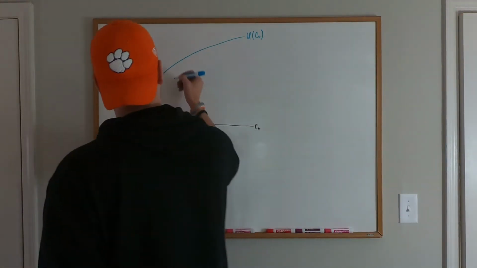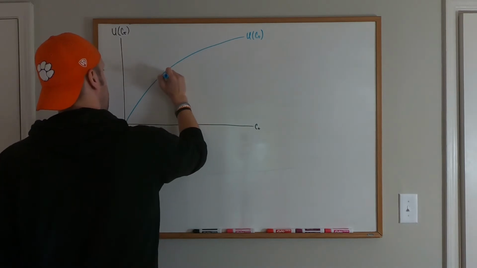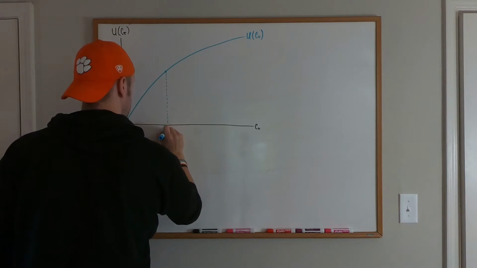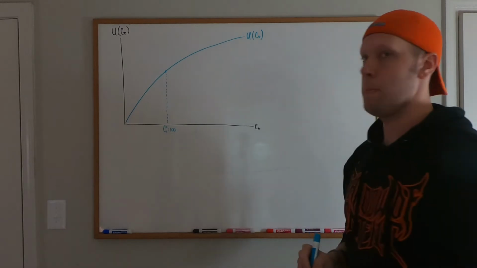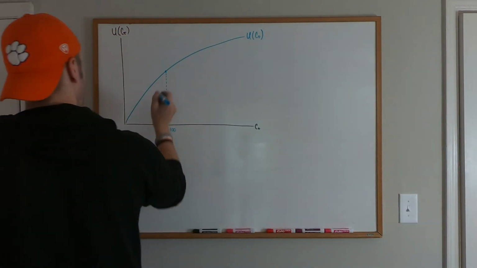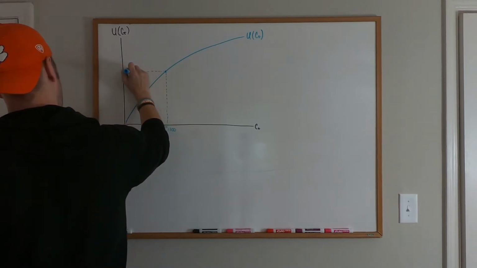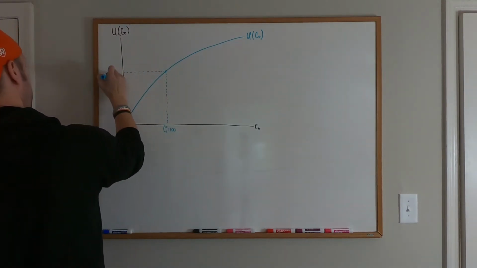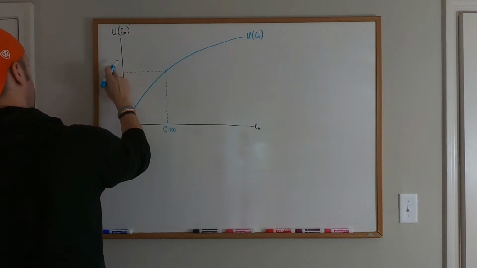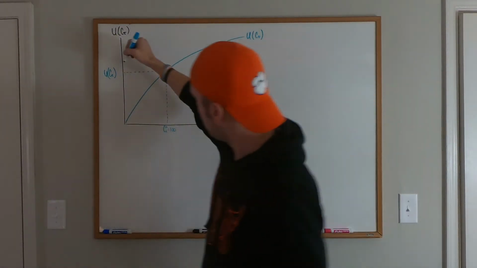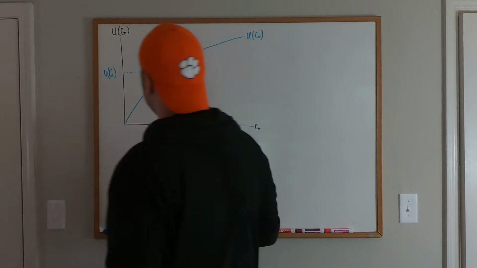So if I go, all right, this is 100 units of consumption. Draw my little dotted line up to the blue curve and then over, what I have is U of CT, or U of CT superscript 0.